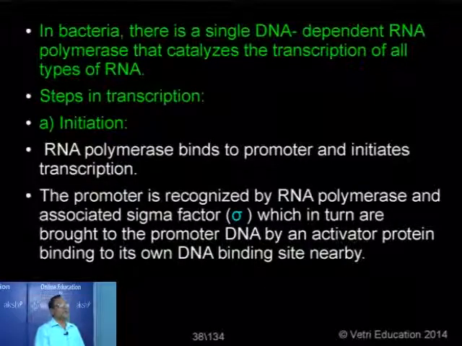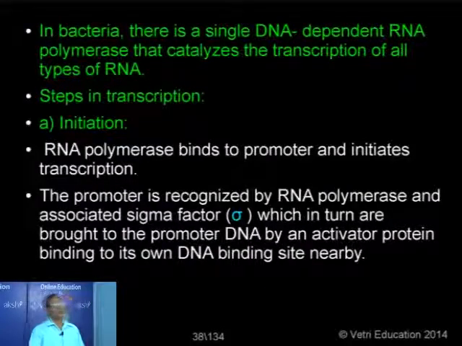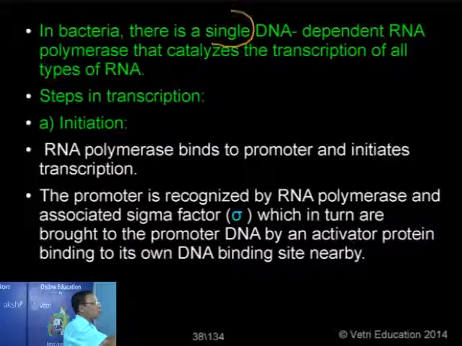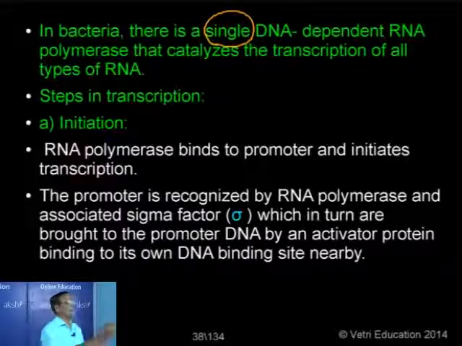Now, what is the main difference? In both the cases I mentioned, we have three different types of RNAs. Now, in the case of bacteria, there is only one RNA polymerase. As it is working under the control of DNA, this is called DNA dependent RNA polymerase. So there is only a single DNA dependent RNA polymerase.